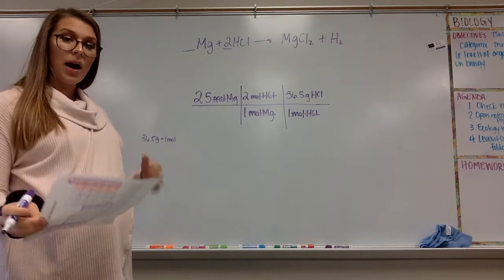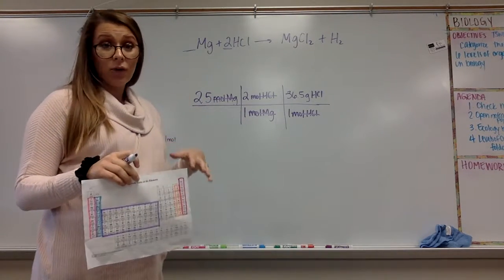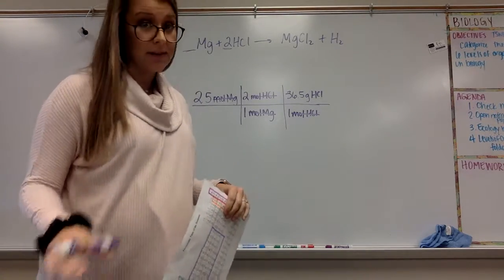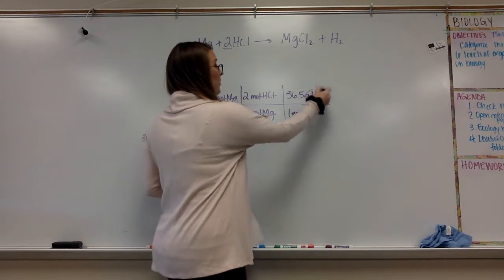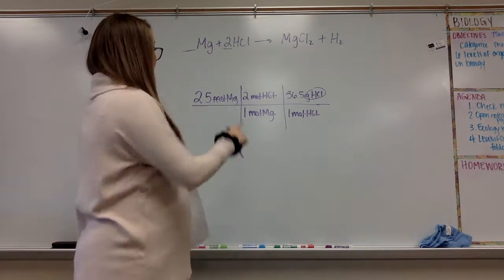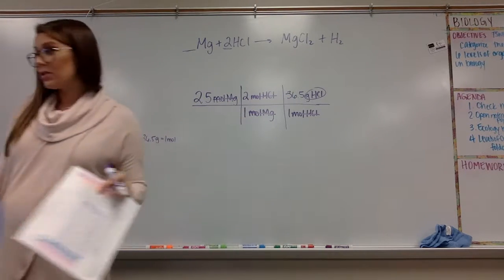At the very end of your problem, you should have canceled all of these units except for what you circled in your problem, which was grams of HCl. So we are left with grams of HCl, so we know that we had to have done something right. Now at this point, we're going to take 2.5 times 2 times 36.5, which I'm going to do really quick.